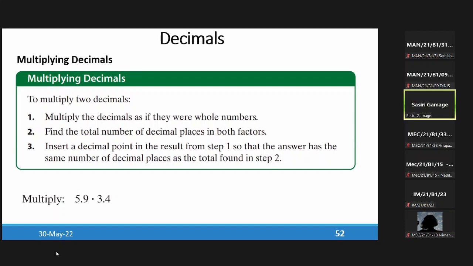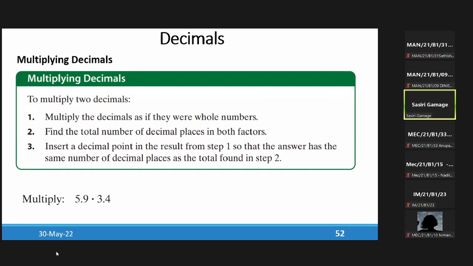Then find the total number of decimal places in both factors. We have to count how many decimal places there are in both numbers. Then the third step is to insert a decimal point in the result from step one so that the answer has the same number of decimal places as the total found in step two.